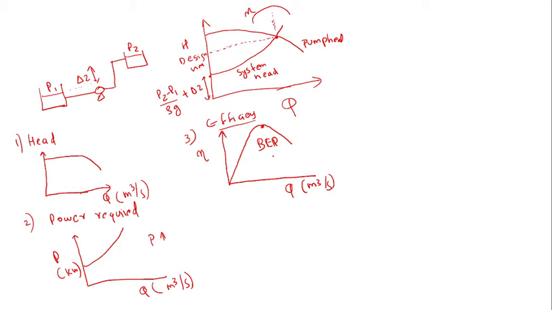And the power required by the pump we have already discussed, like P is given by delta H into density into flow rate into acceleration due to gravity.